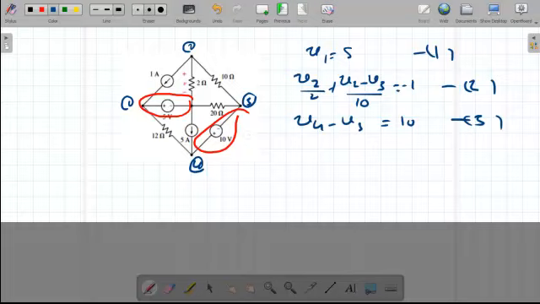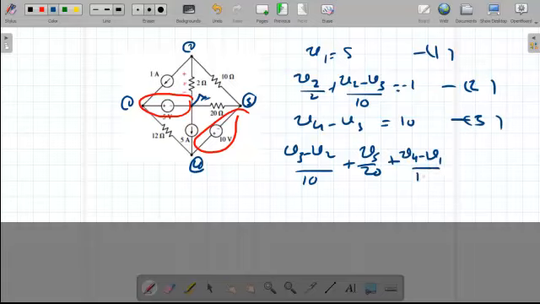So for this node, we say V3 minus V2 over 10 plus V3 over 20, because remember, this is my ground. Then V4 minus V1 over 12.